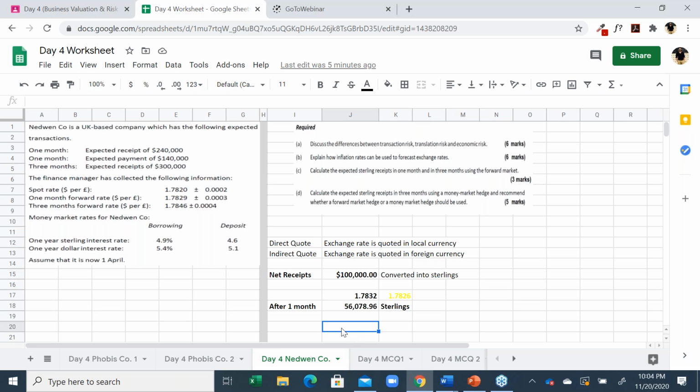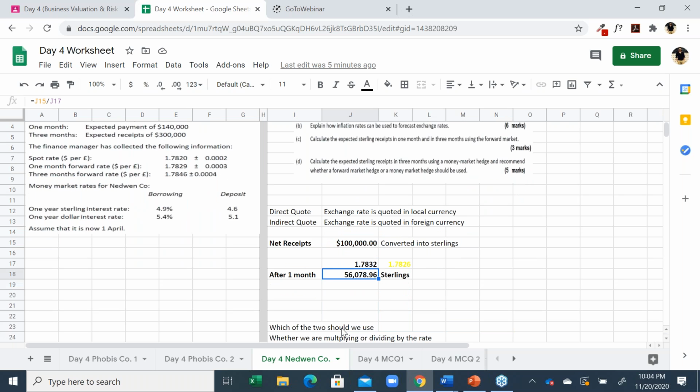So I hope you people have done it. So let's quickly do it. The only change is that we need to pick the 3 months forward rate instead of the 1 month.